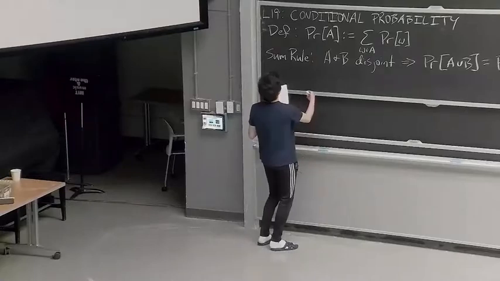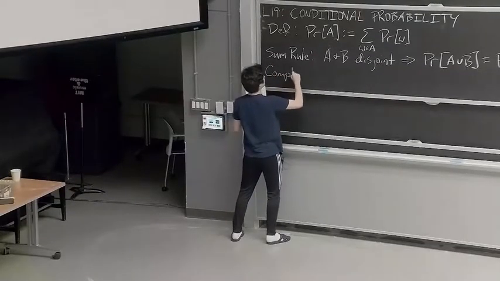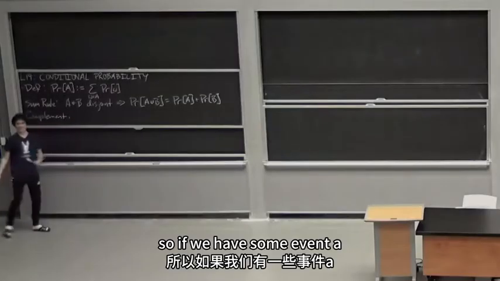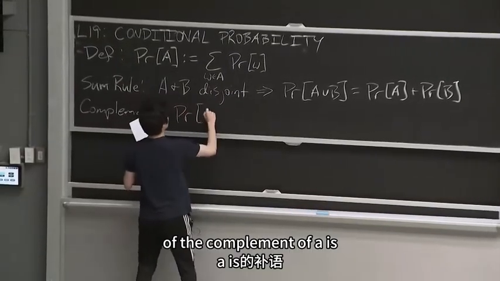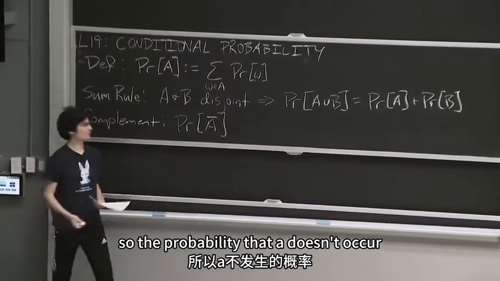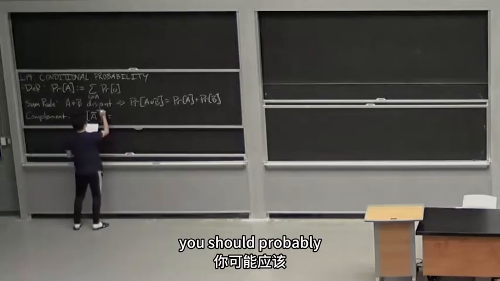Okay? We also have the complement rule. So if we have some event A, what do we think the probability of the complement of A is? So the probability that A doesn't occur.